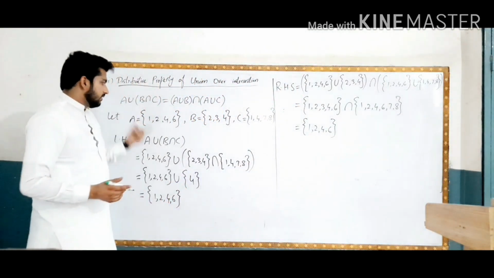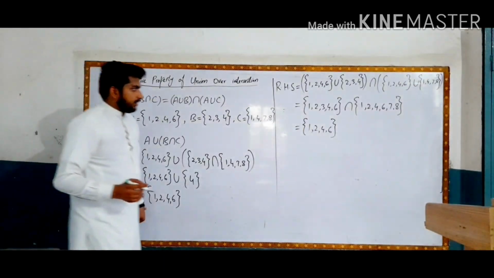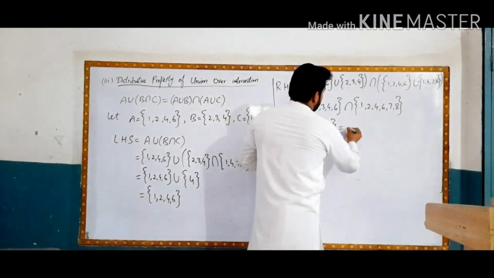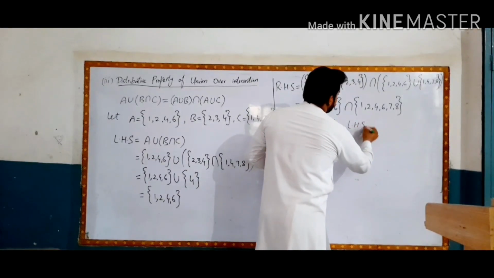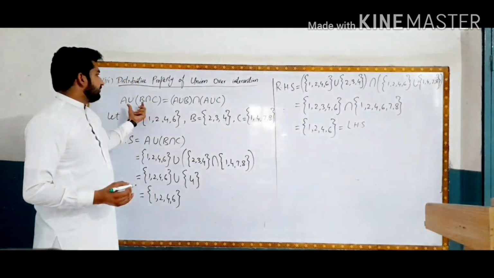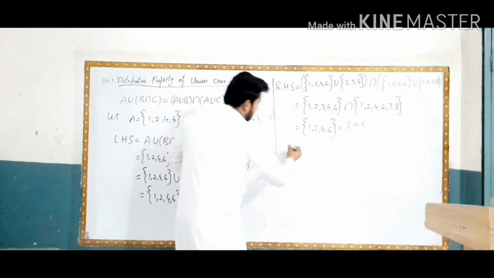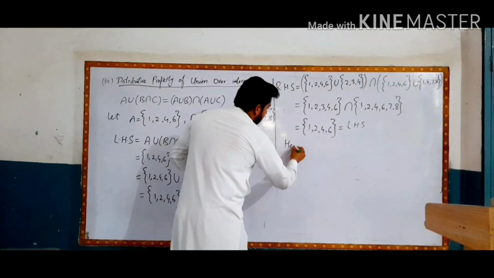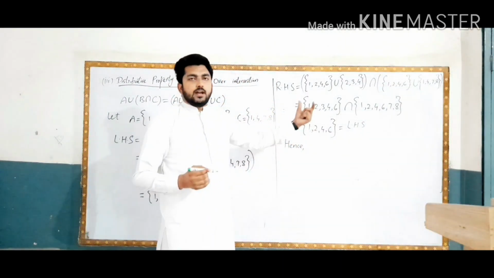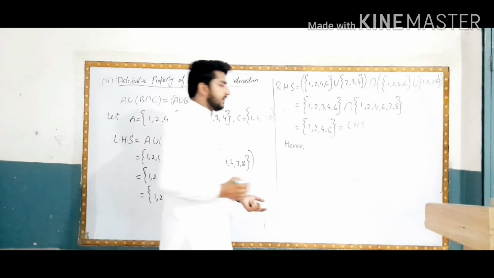We can see that the left side of the property is equal to the right side. So it is clear that the left hand side is equal to the right hand side.